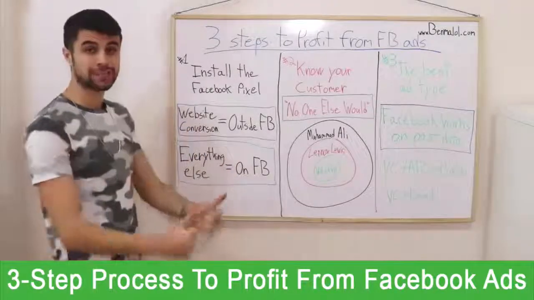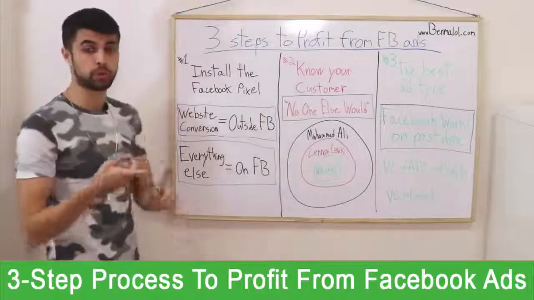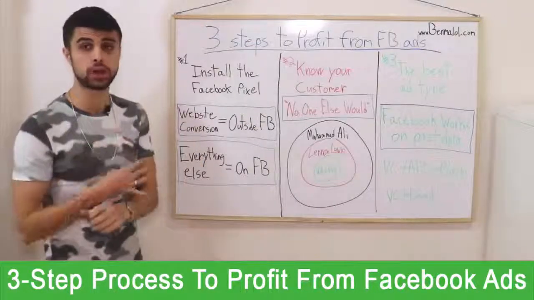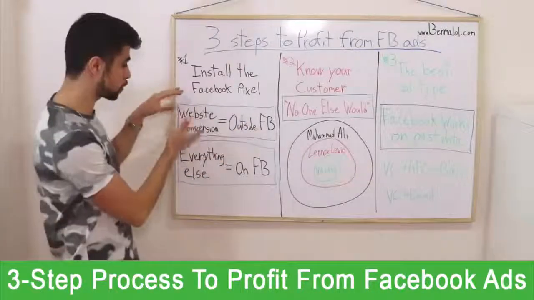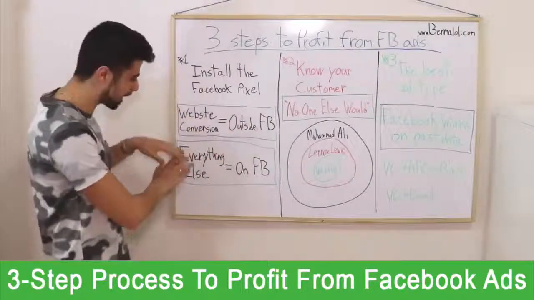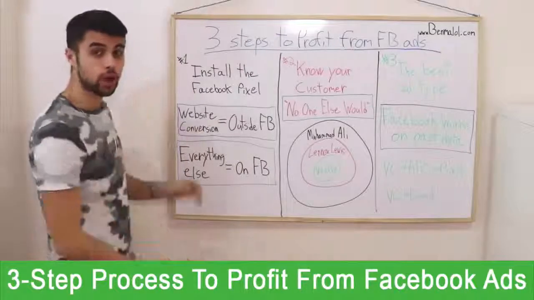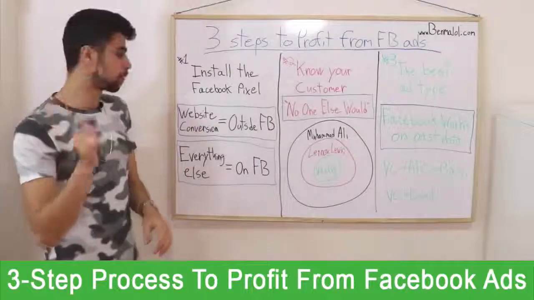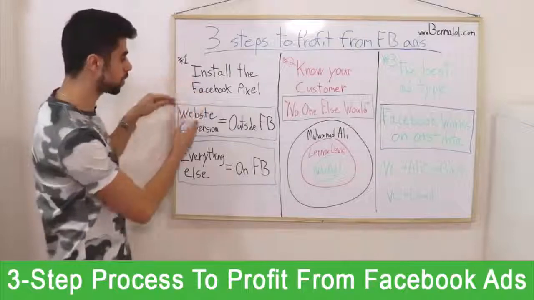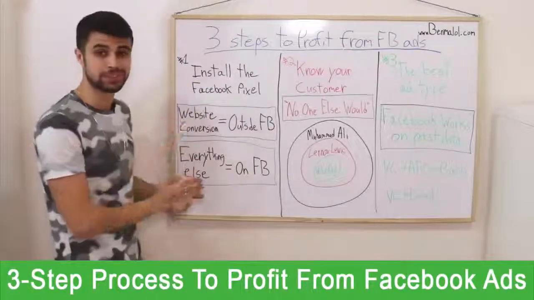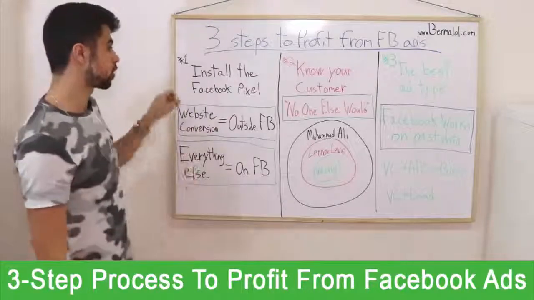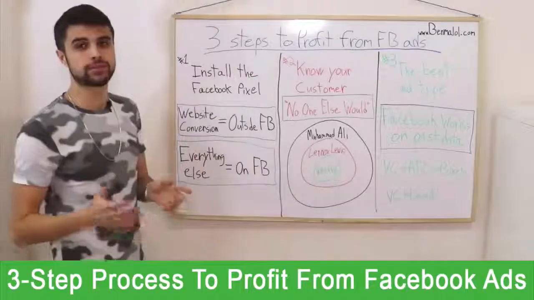Website conversions happen outside of Facebook: a purchase, an add to cart, a lead, a view content, a registration, all of that. That's the difference between the website conversion objective and all the other campaign objectives. Remember that, it's super important. That's why when you have the pixel, you can use website conversions later on and optimize on those specific actions. So first things first, always have your Facebook pixel installed.